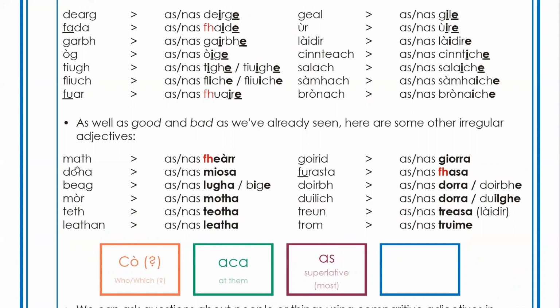We also looked at donna, bad, donna, nasmisse, worse, nasmisse. Beg, and here we're given two choices as well. This is often just treated as a regular adjective and given like gyal and shen, beg, nasbigge.